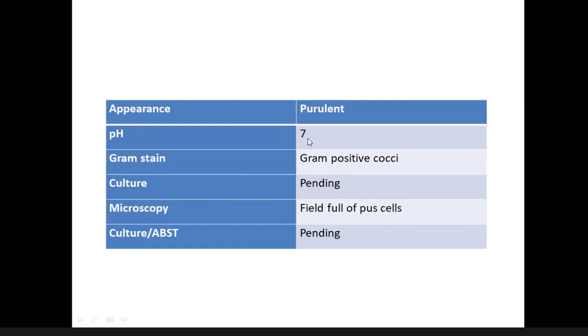So what are the indications? If the pH is less than 7.1, then definitely that indicates a high chance of the patient developing encysted pleural effusion leading to empyema. So you must always arrange ICD tube drainage of that pleural effusion if the pH is less than 7.1.